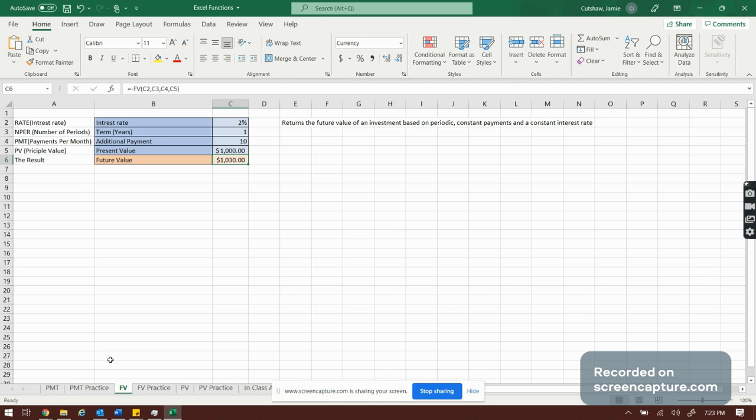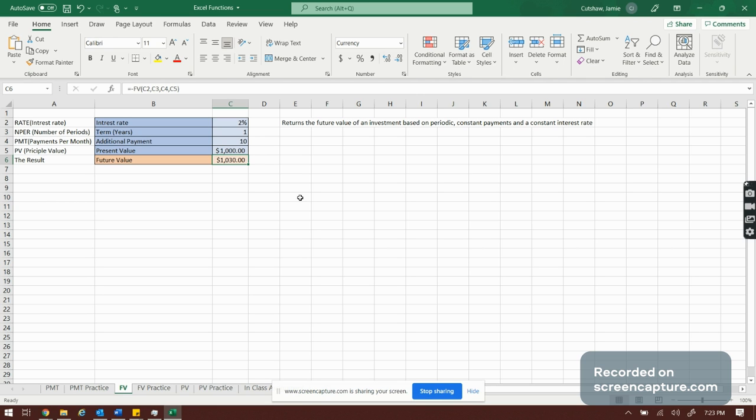While PMT was figuring out how much we're paying per month, FV is figuring out our future value. It's figuring out the returns, the future value of an investment based on periodic and constant payments and a constant interest rate.